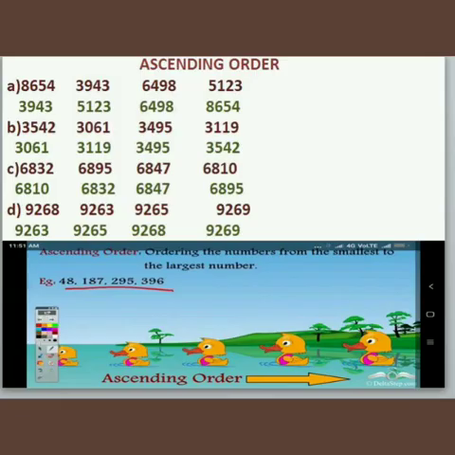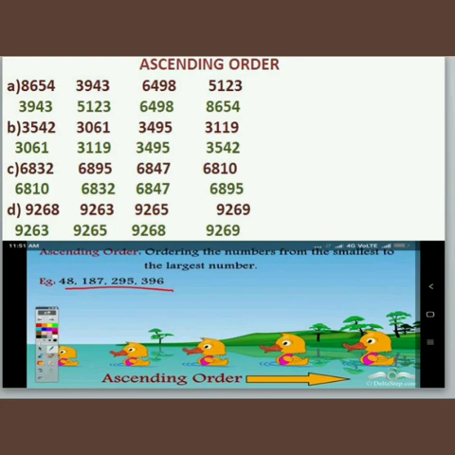Then comes ascending order. Ascending order is the arrangement of numbers from smaller to bigger. In the first example, you have to look first at the thousands place. Here the numbers in the thousands place are different. So you have to arrange the numbers from smaller to bigger. Then in the second example, the numbers in the thousands place are the same. So you have to look into the hundreds place and then arrange the numbers from smaller to bigger to get the ascending order.